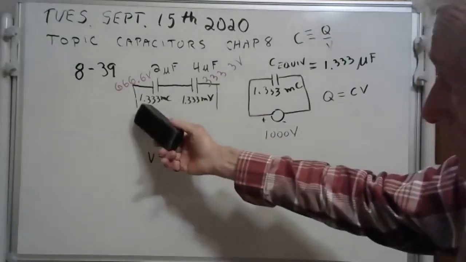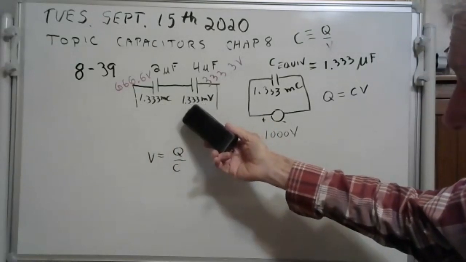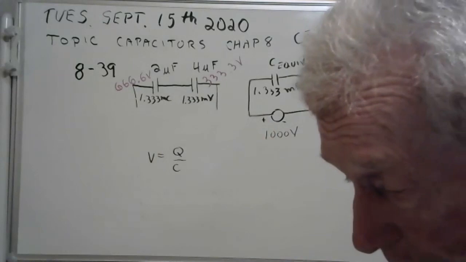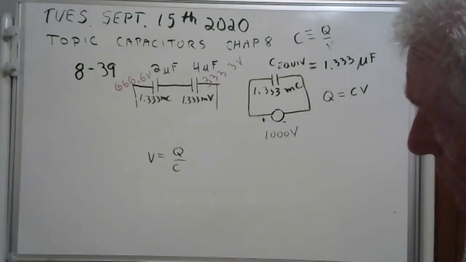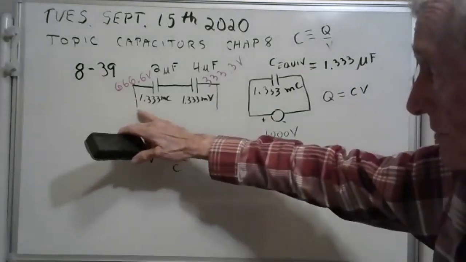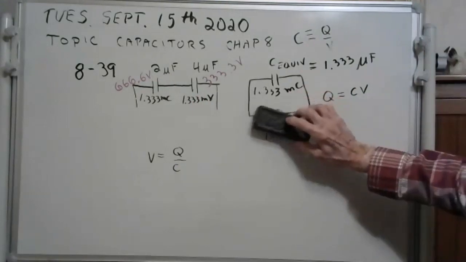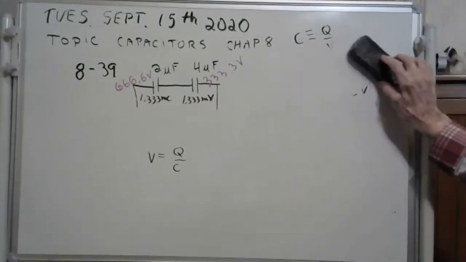And you still have this charge on that one. And you still have that same charge on that one. They didn't go anyplace. Those charges did not go anyplace. Where are they going to go? You've disconnected it. They can't go anyplace. We don't need this one anymore. And that's what we have.